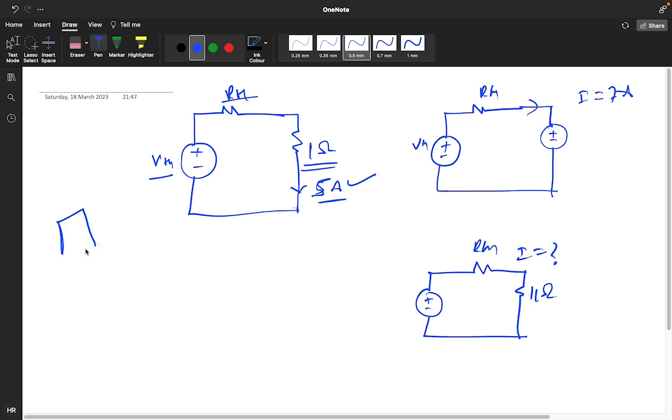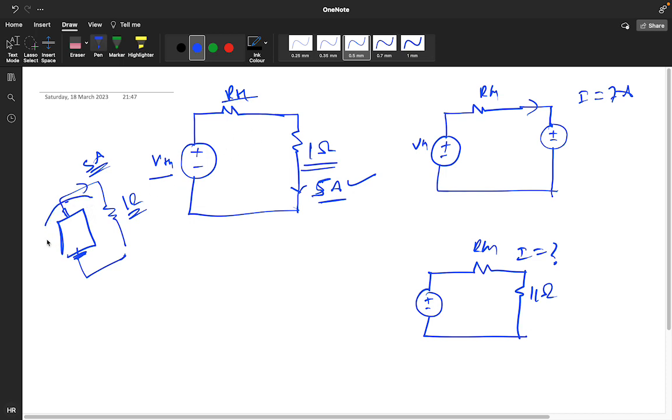Battery means suppose you have some battery like this, and this battery is charging, meaning it has some current when it is connected to, suppose, a 1 ohm resistor. Then it will charge, like a 5 ampere current will flow.